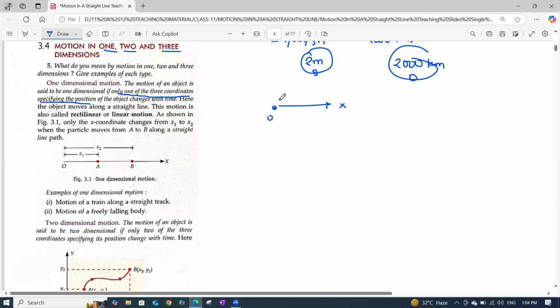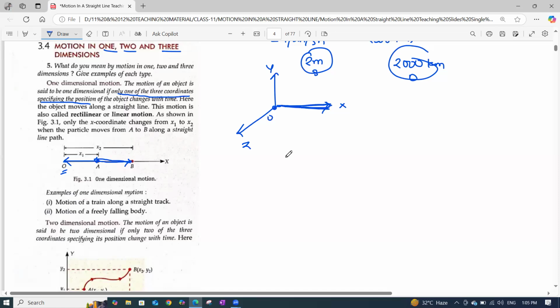We have x-axis, y-axis, z-axis. If the motion is observed only in one dimension, that is towards x-axis, let us consider this is the reference point O. Body is at A. Now, body is moving from A to B, or it can move from B to A, or it can go from B to O or A to O. It is moving only on x-axis.